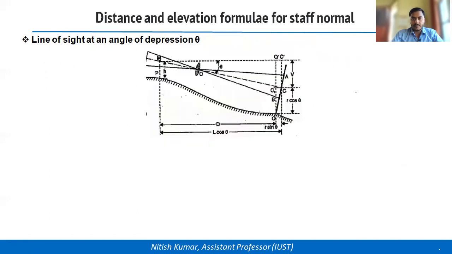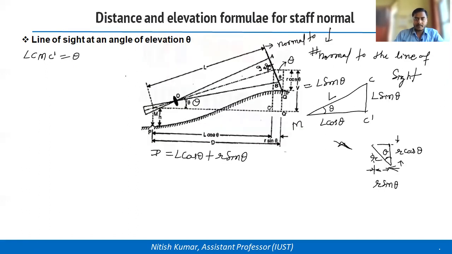Now we can use some relation. Along the length L, if you are measuring the distance L between M to C, and that is parallel to the line of sight, we can apply the distance equation formula.